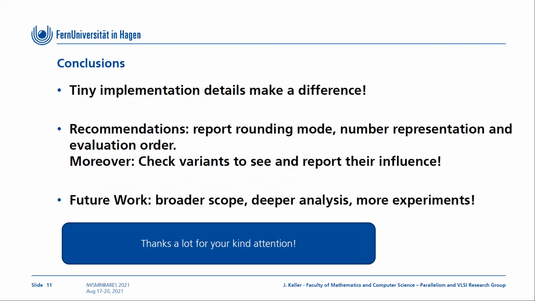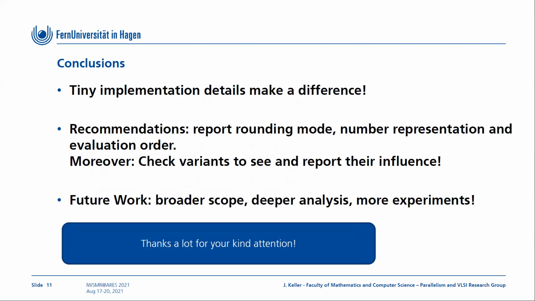We come to the conclusions. We have demonstrated that tiny implementation details in a microscopically small implementation can make a difference. However, to replicate a study, we would need all of this detailed information.